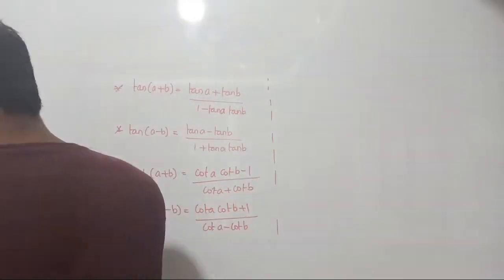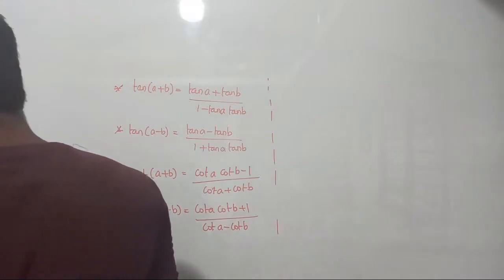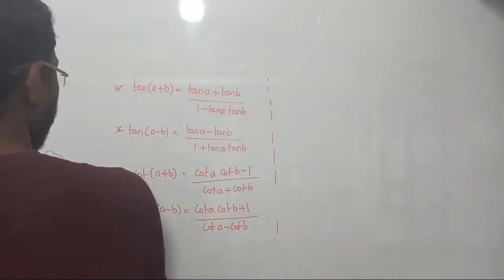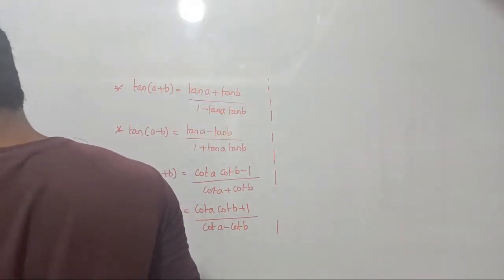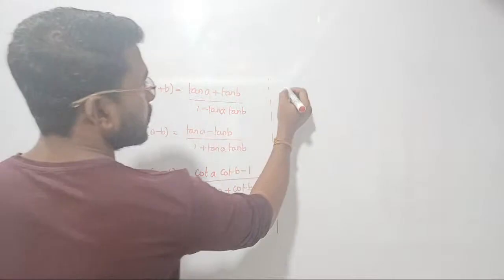Let us continue our journey. Next, sin of (A plus B) and sin of (A minus B), we know. Already I wrote the formula, and we can directly write these from there. Anyway, for understanding, let me write sin of (A plus B).